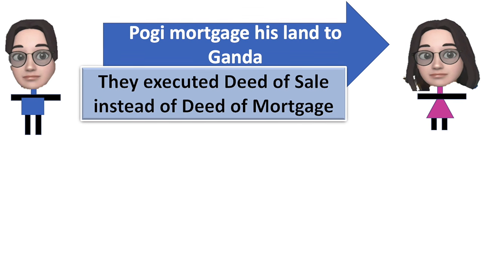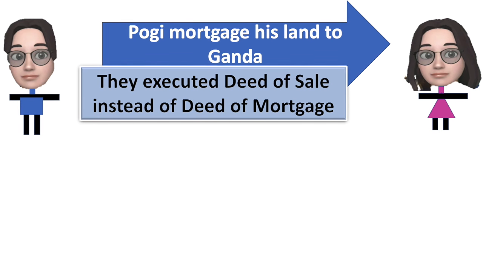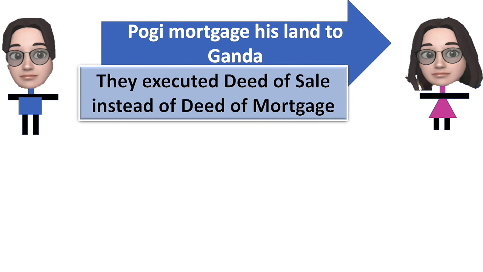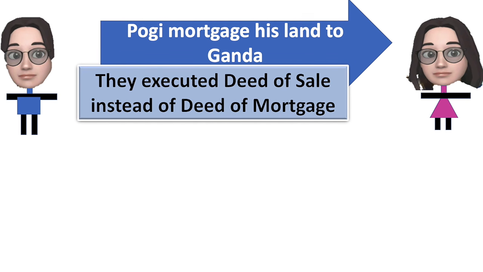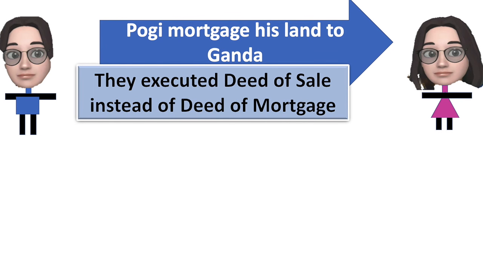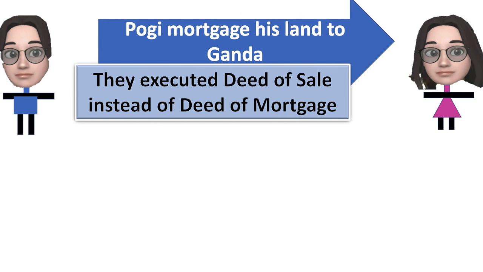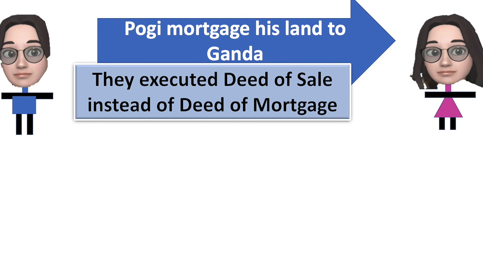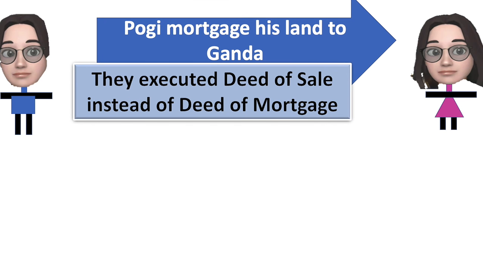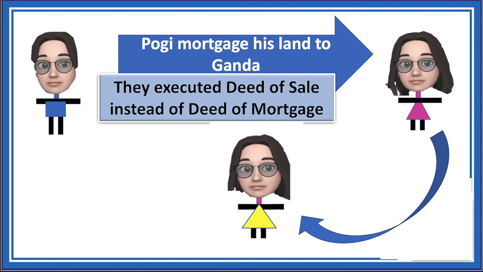Now, as far as Pogi and Ganda are concerned, yung contract na in-enter nila is contract of mortgage. Pero as to third persons, 'di ba? Kasi contract of sale, I mean, deed of absolute sale yung in-enter nila. So, consequently, etong si Ganda, supposedly mortgagee lang sana talaga siya, but it was made to appear as the buyer of the house and lot ni Pogi. And so, parang nangyari, they clothed her with the ownership and authority over that parcel of land.